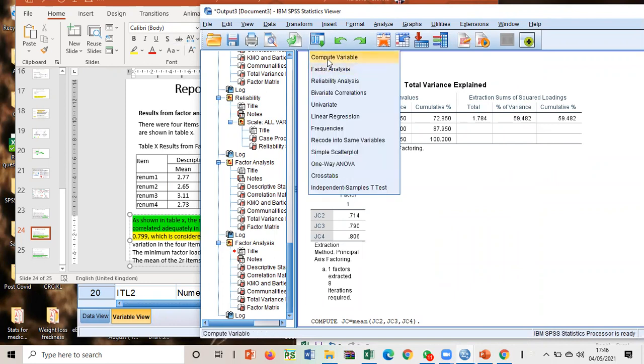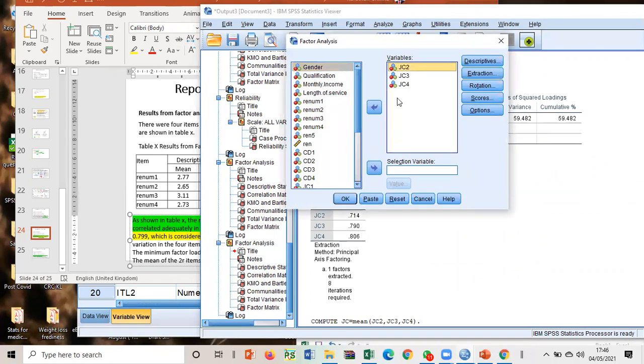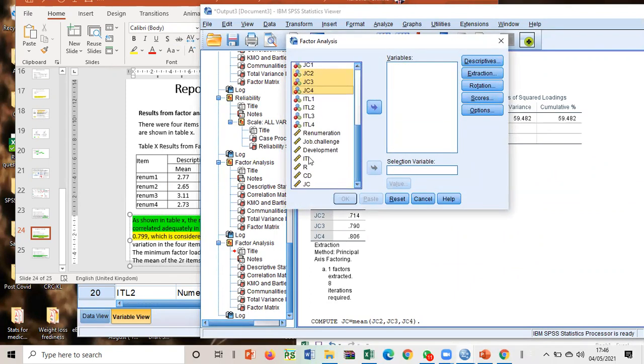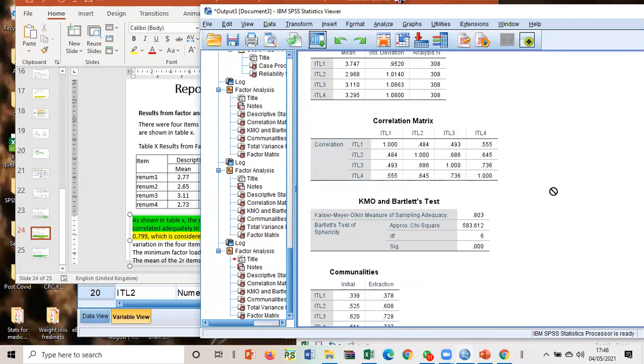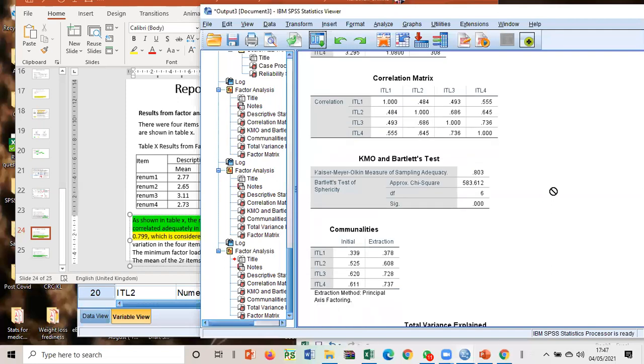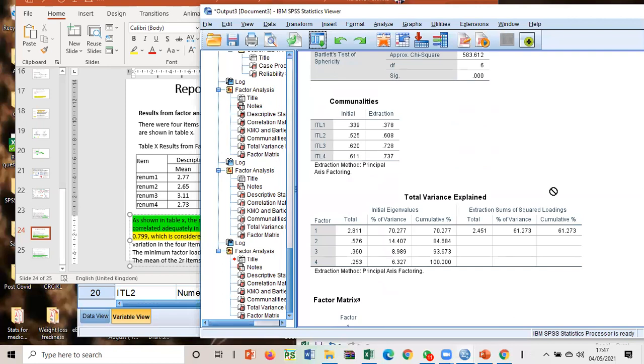The last one. Okay, last one. Correlation, is it okay? Yes. AMO okay? Yes. How many factors?